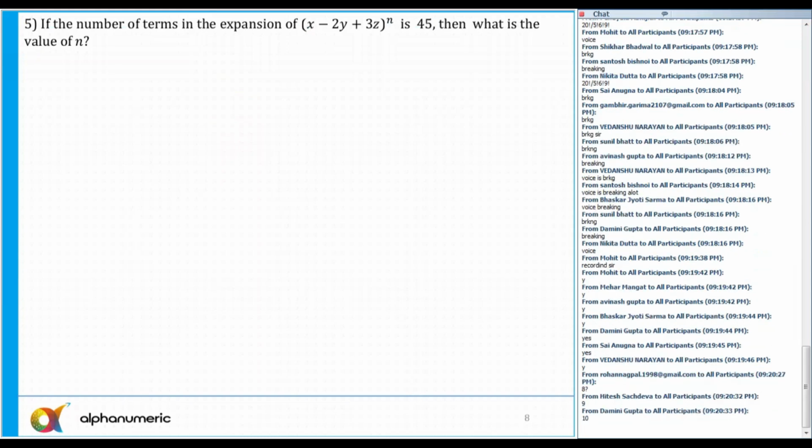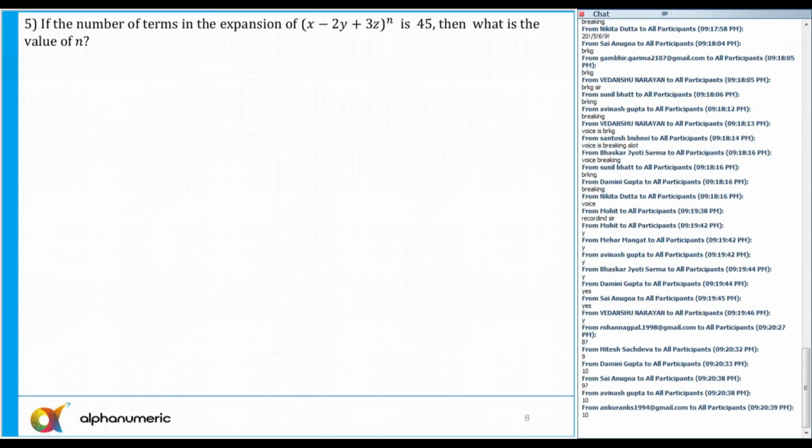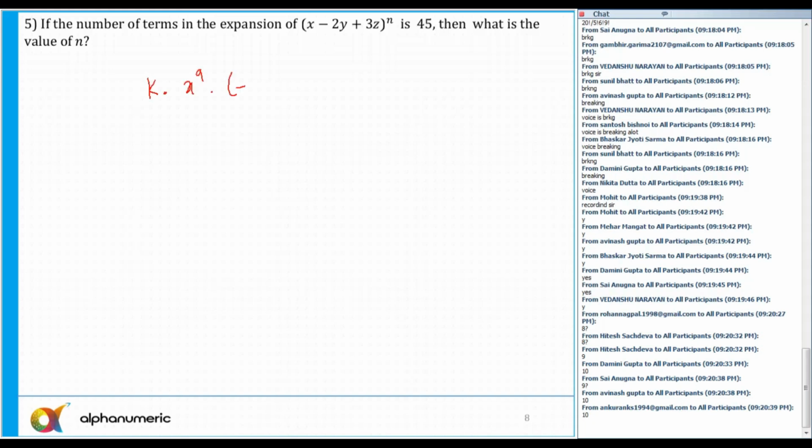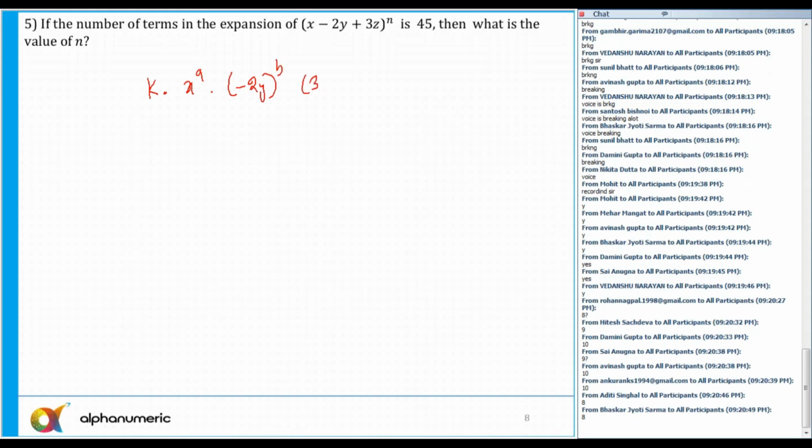Nine, 10. Okay. Now, what is the general term? The general term is k into x raised to power a into (-2y) raised to power b into (3z) raised to power c.